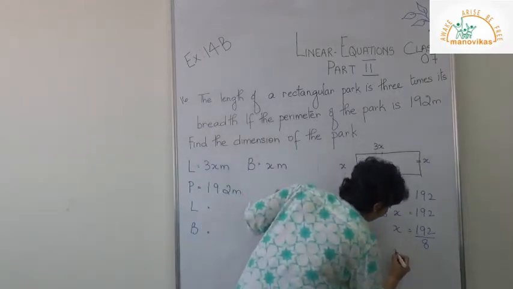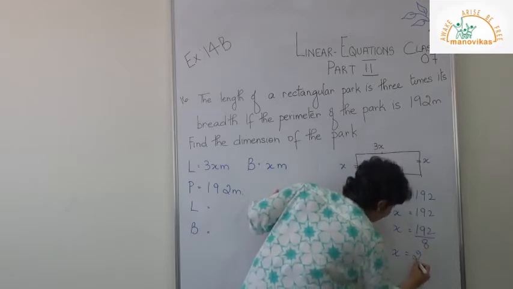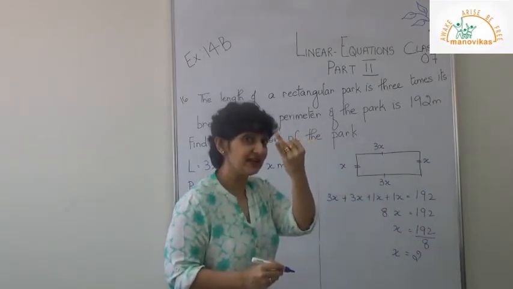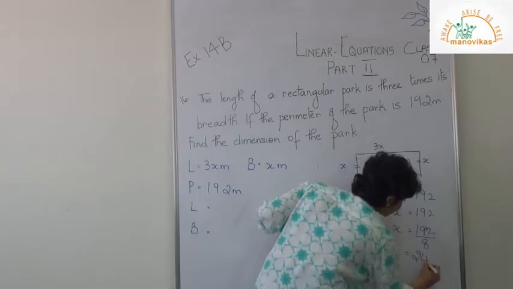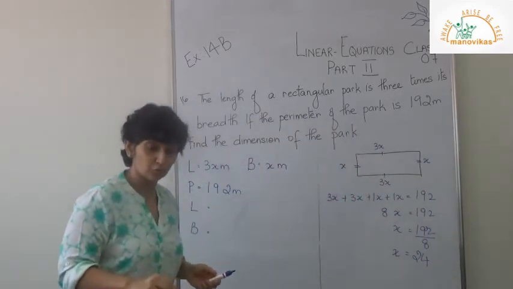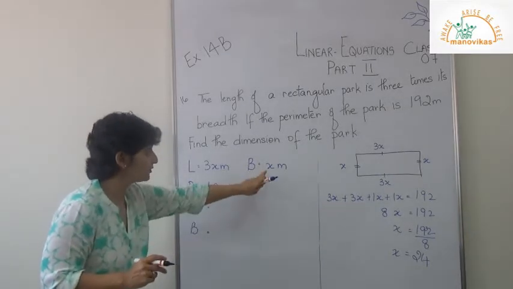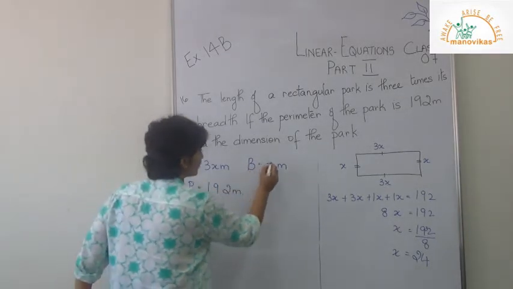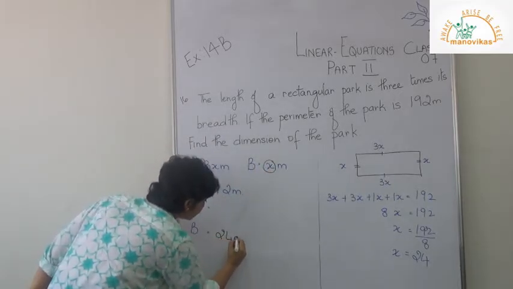So what is x going to be? 8 ones are 8, 8 twos are 16, 17, 18, 19, 8 fours are 32. So you know x is equal to 24. That means it's your breadth. So your breadth is 24 meter.